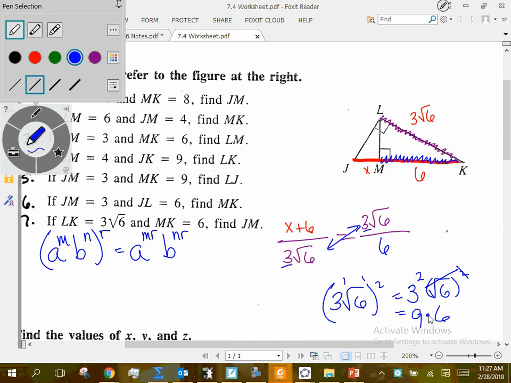It gives me 9 times 6, right? Still 54. So there's different ways of viewing it. It's ultimately up to you, whether you use the exponent rules or you use the multiplication of radicals rule. Is that all right? Any other questions?